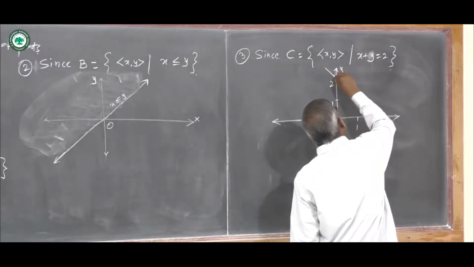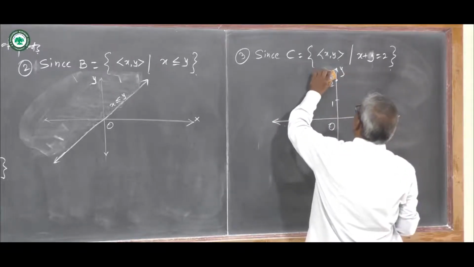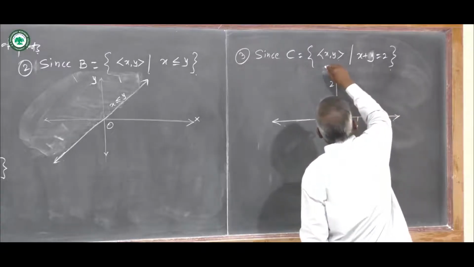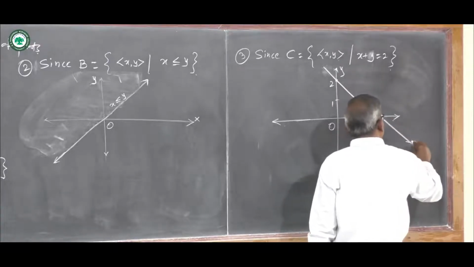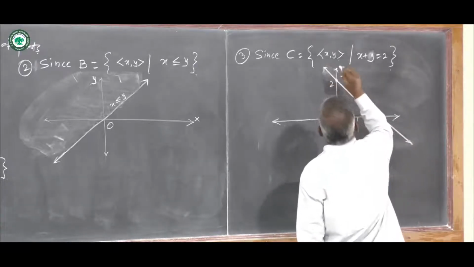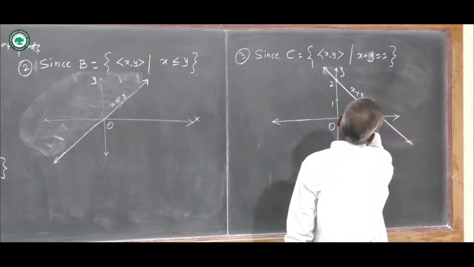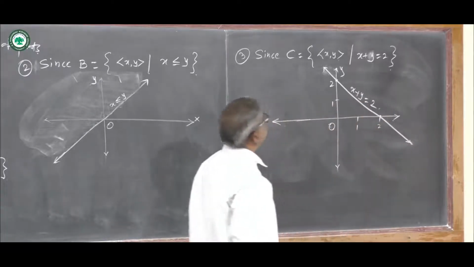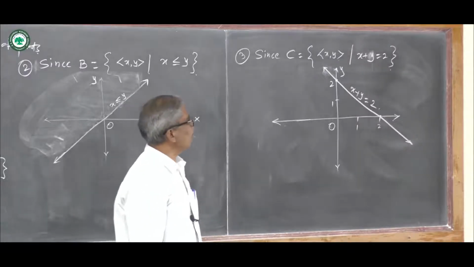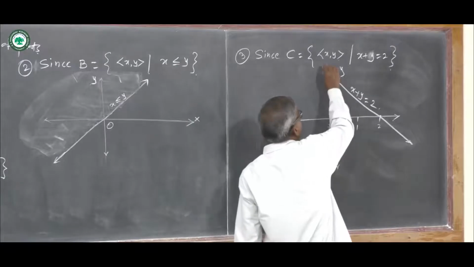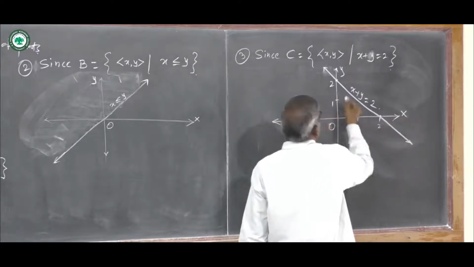And this straight line, this set of points which lie on this line x plus y is equal to 2, is the set capital C. Capital C is the set of all points which lie on this line.